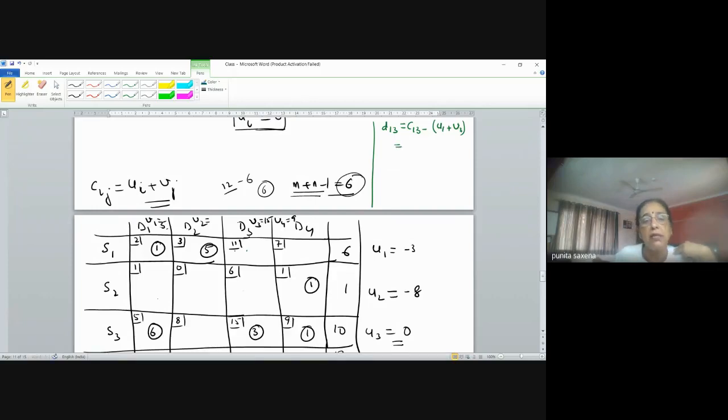How much is C13? 11. ठीक है. Minus. How much was U1? Minus 3. How much was V3? Plus 15. So how much is D13 here? कितना आया?